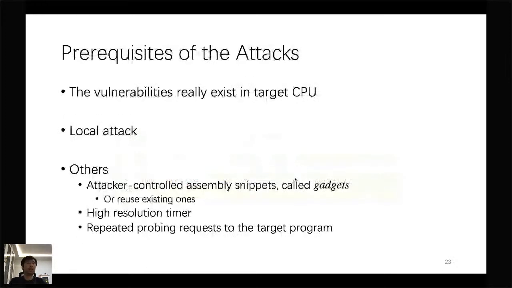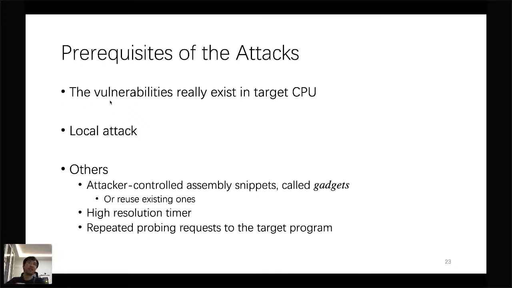Okay. After explanation, we can see that such side channel attack against Spectre and Meltdown is very tricky. And actually, there are many important prerequisites for the attackers to succeed. For example, the most basic requisite is that the vulnerabilities of Spectre and Meltdown really exist in the target CPU.